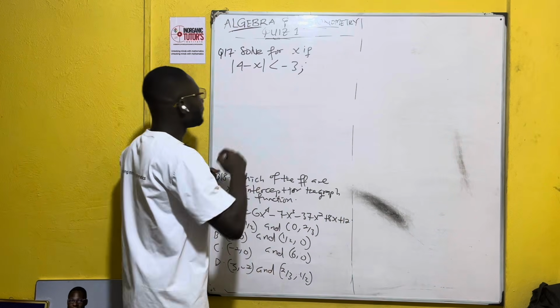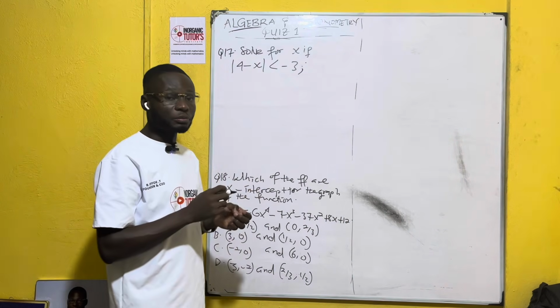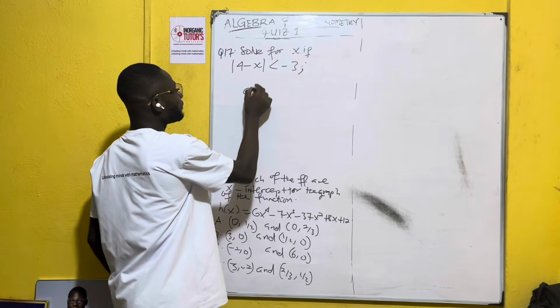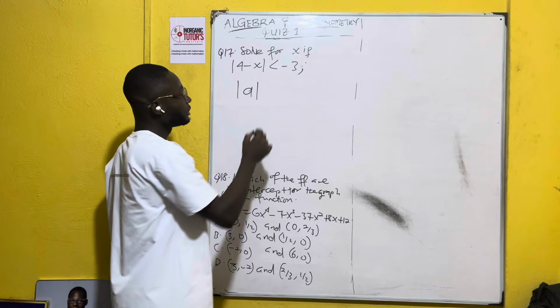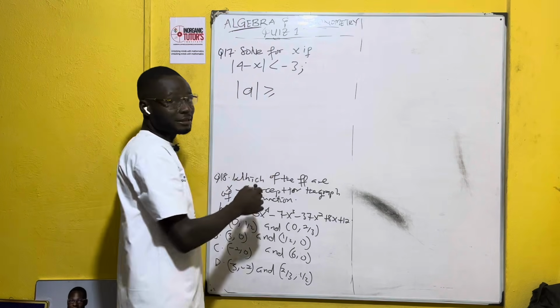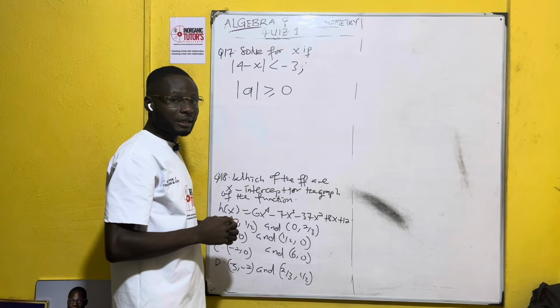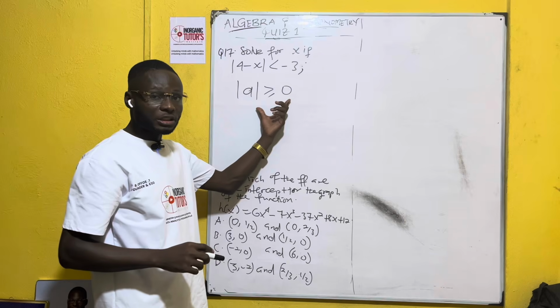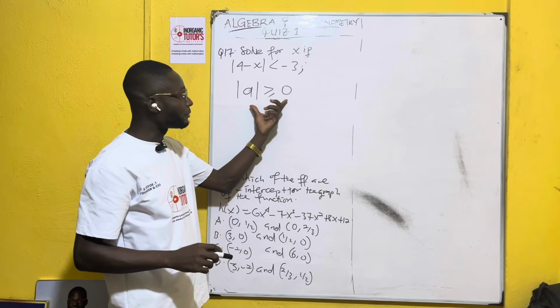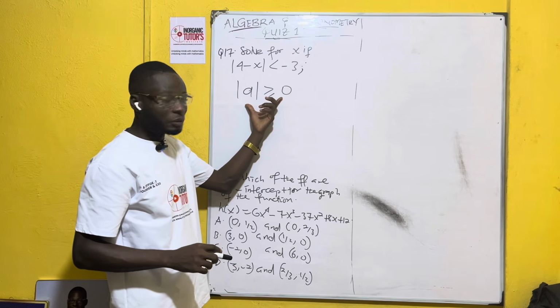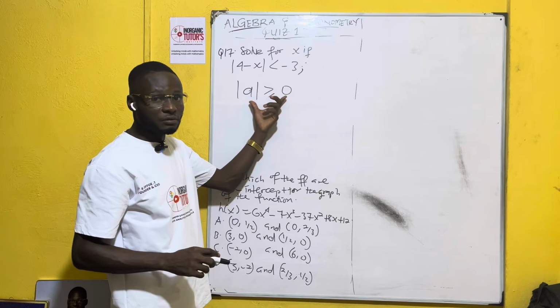So remember the absolute value property. An absolute value of a function can never be less than 0. It can be equal to 0 or greater than 0. This is the condition for absolute values, right?